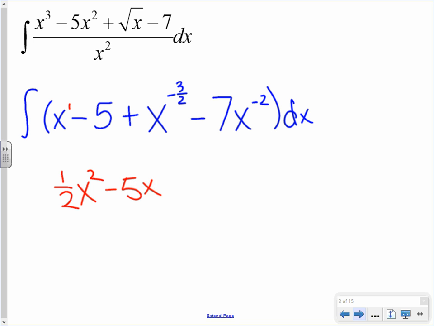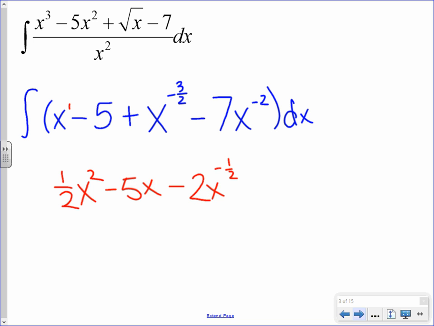Isaac Warner, x to the -3/2. Like that. -2. Okay, increase the power, so x to the -1/2 multiplied by its reciprocal, -2.